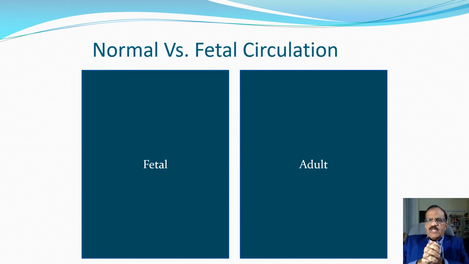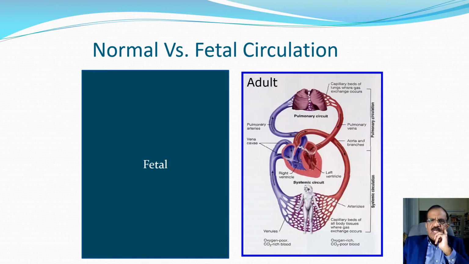Now, to understand congenital heart disease, you must understand fetal circulation. And to understand fetal circulation, we first have to understand adult circulation. I'm sure you all know this, but since it is very relevant to our discussion, we have to discuss it here. So let's first take the adult.